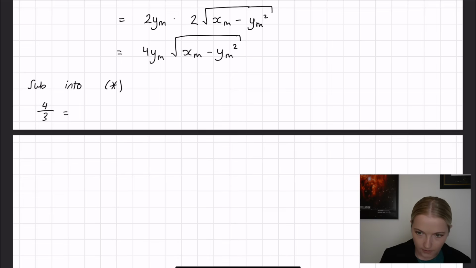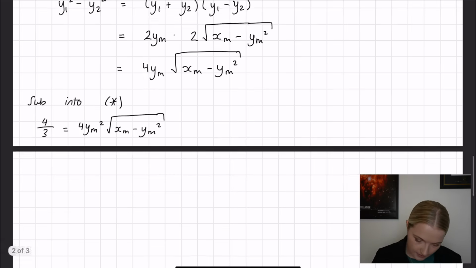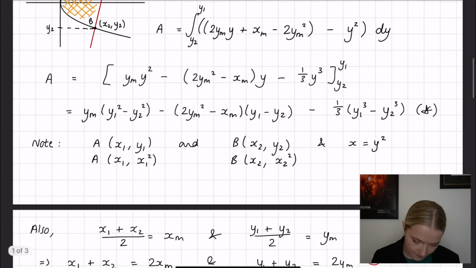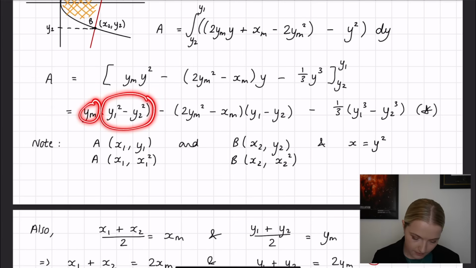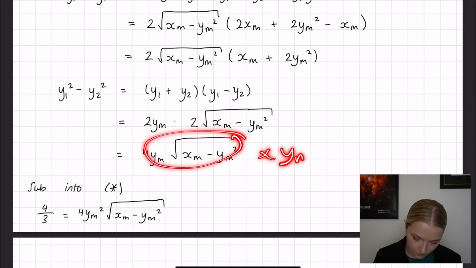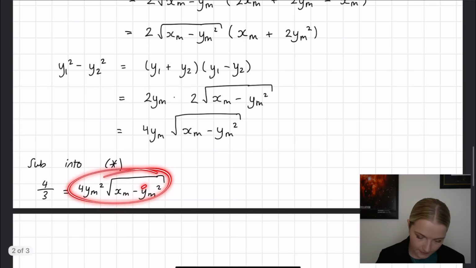This is going to equal 4ym squared over xm minus ym squared, because we have ym multiplied by this term, which was essentially just this multiplied by ym, which is why we get this here.